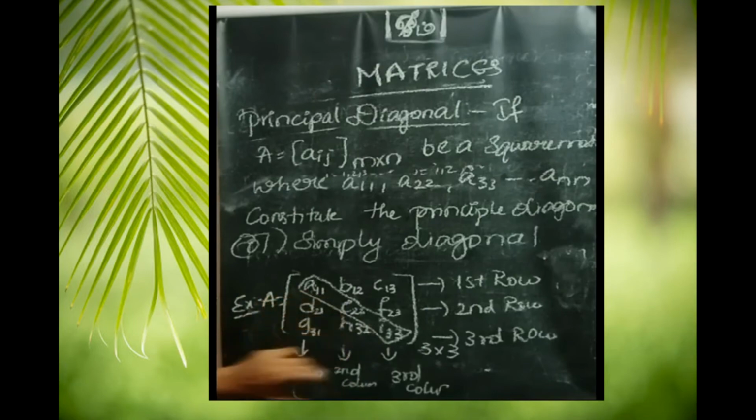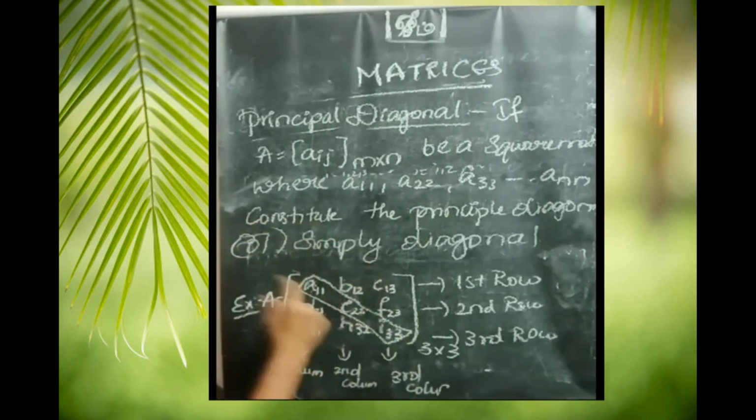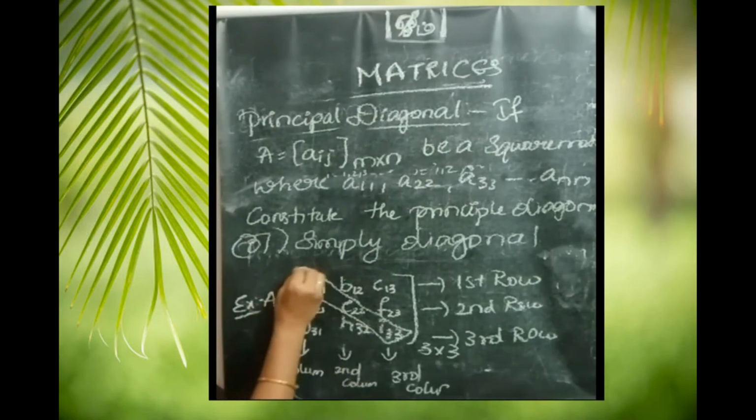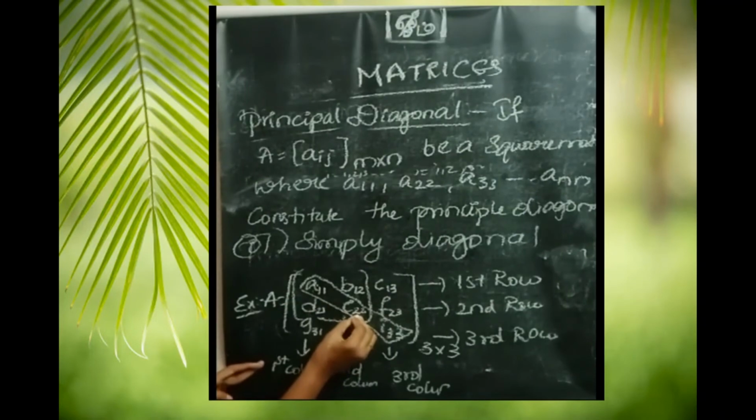Right? Okay, now you understand: principal diagonal means first row first element, second row second element, third row third element. These three, in a square matrix, are said to be the principal diagonal. If it is a 2 by 2 matrix, the principal diagonal will be A11, A22.